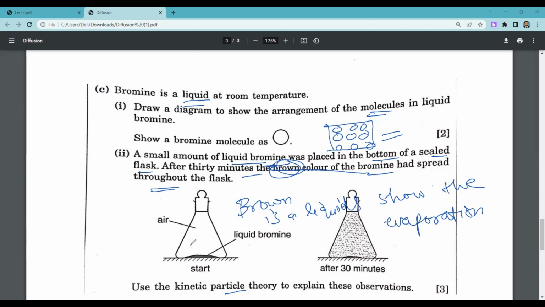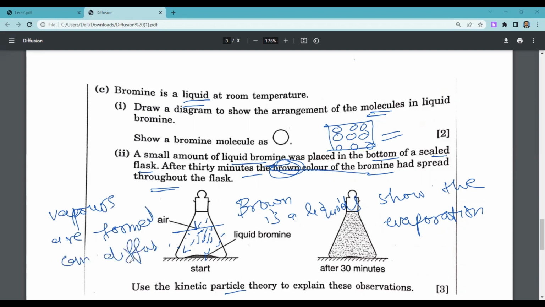The liquid starts evaporating and mixing with air molecules, and when vapors are formed, these vapors can diffuse very easily. Therefore, after 30 minutes, we can see that the bromine color is spread throughout the flask.